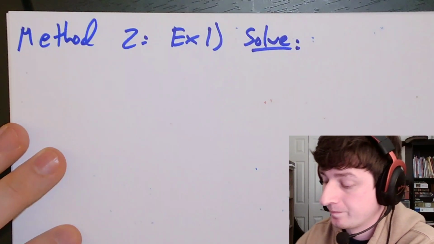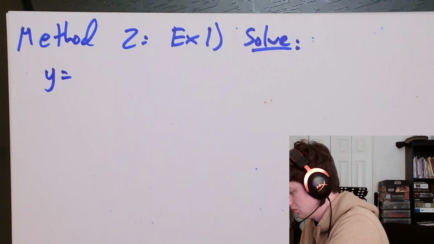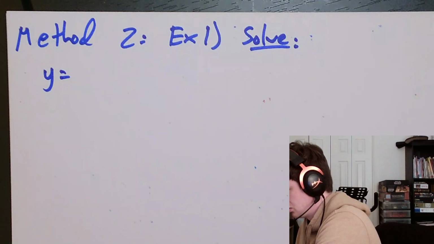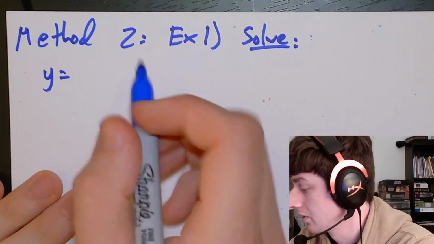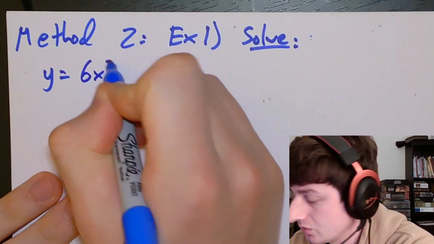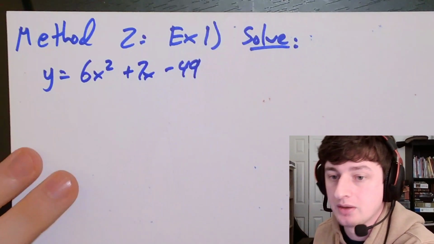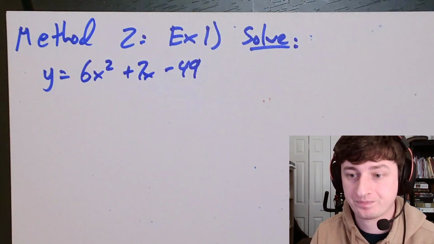Solve y equals, and I'm going to steal an example that we have already done. This is an example from the homework. 6x squared plus 7x minus 49. So on Friday, we did this factoring.